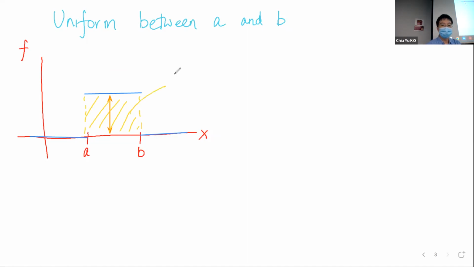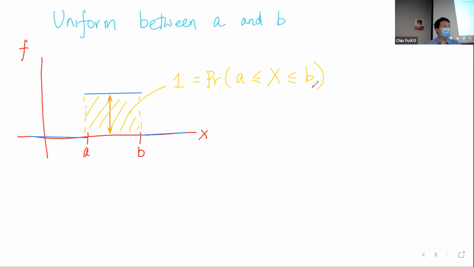This area is 1, because it is the probability that X is between A and B. What is the probability that the random variable is between A and B? It is uniform on A and B, so A and B is possible but not outside. So the probability must be 1.